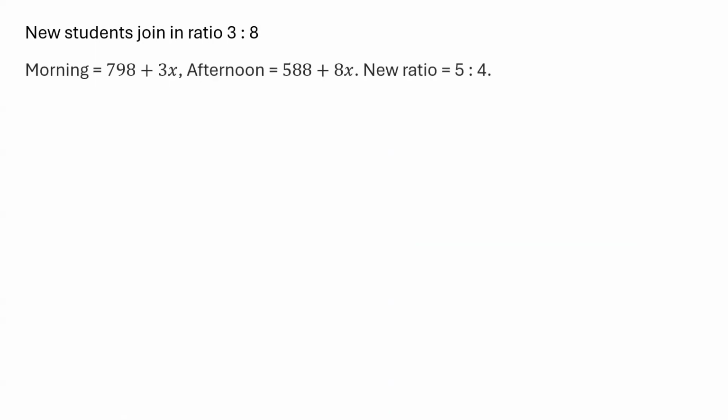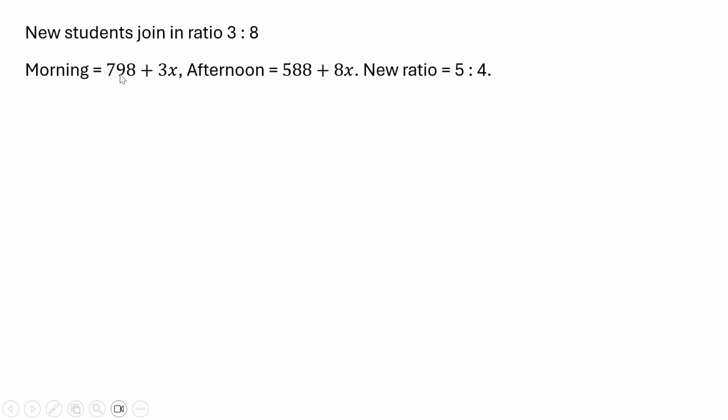Next, we will form an equation, right? So new students join in the ratio 3 is to 8. This is the equation method. The values which were given earlier are, for morning it is 798, in afternoon it was 588.